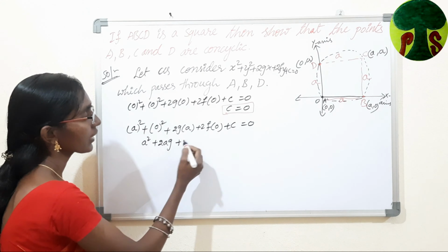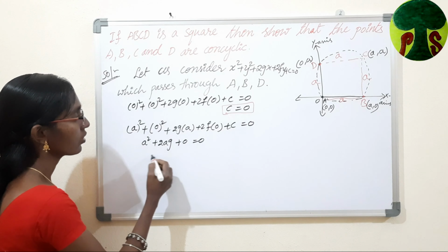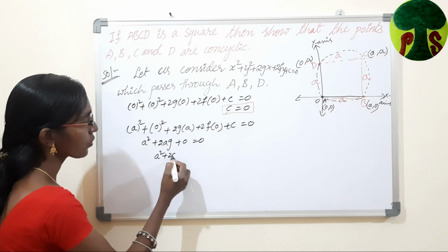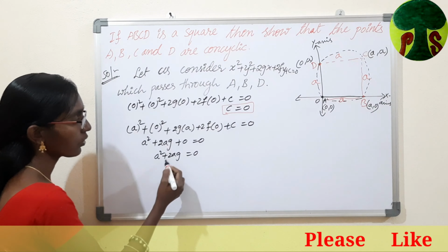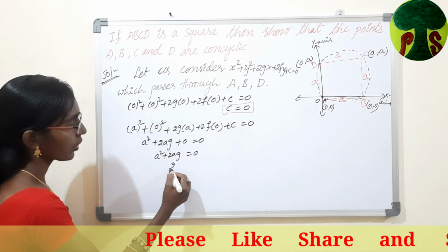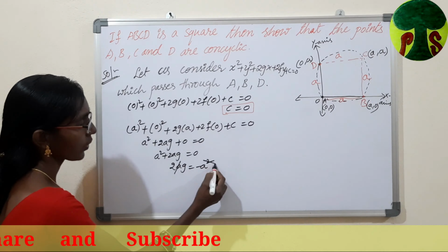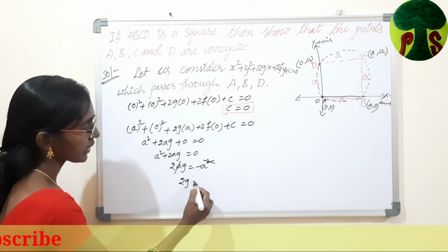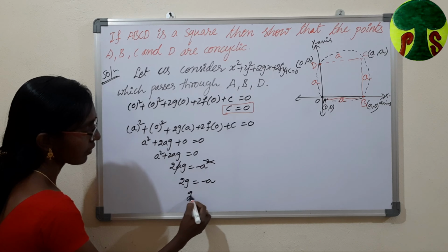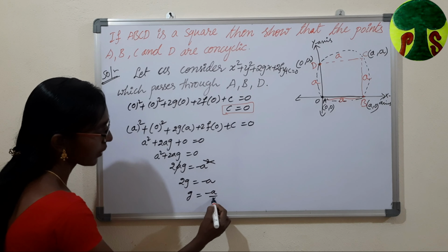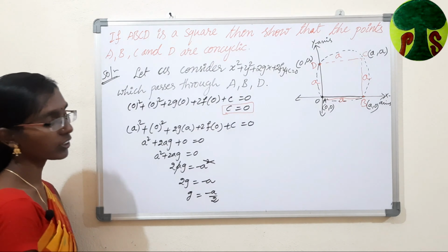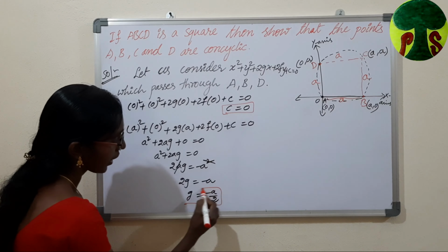So a square plus 2ag equals 0. We have to find the g value. From this, 2ag equals minus a square, a gets cancelled, 2g equals minus a. From this we get the value of g as minus a by 2.